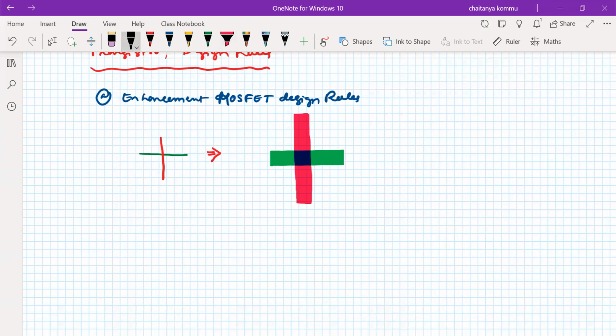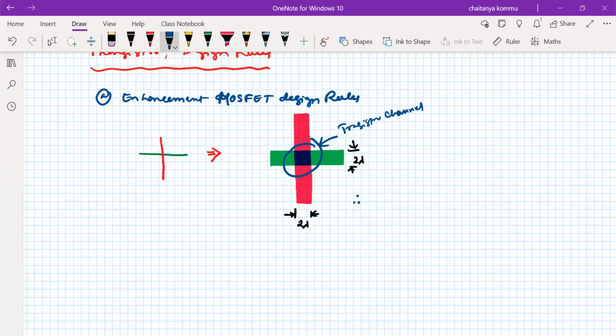So what is the dimension of the transistor here? The middle point is where the transistor is formed, right? The minimum width we are maintaining is 2 lambda, and here also we are maintaining 2 lambda minimum width of the diffusion. So the transistor channel is formed in the middle of this. What are the dimensions of that channel then?